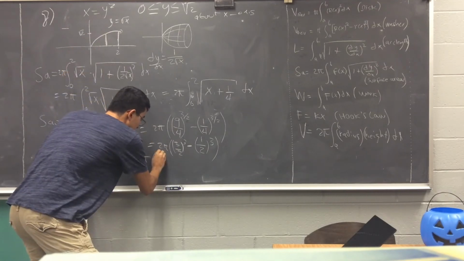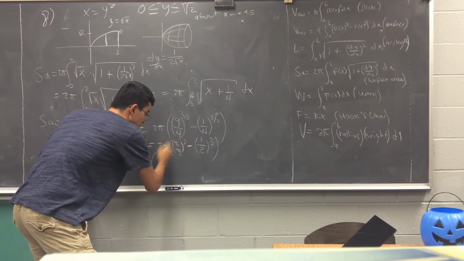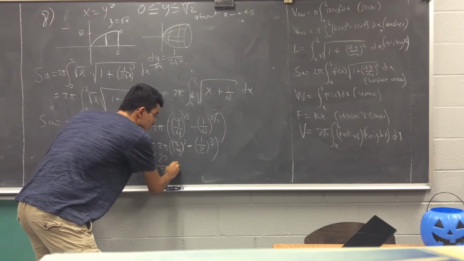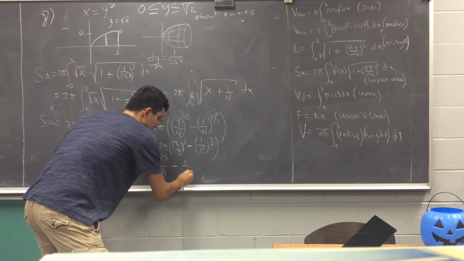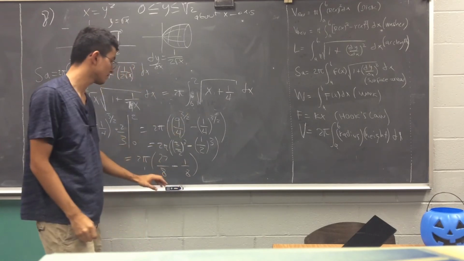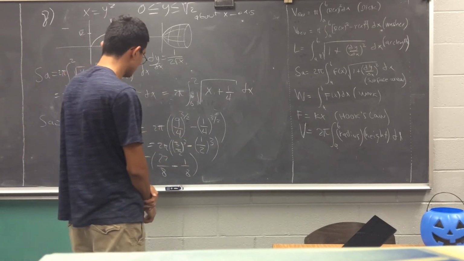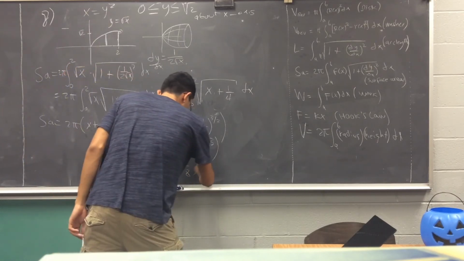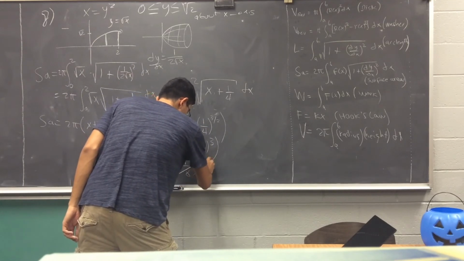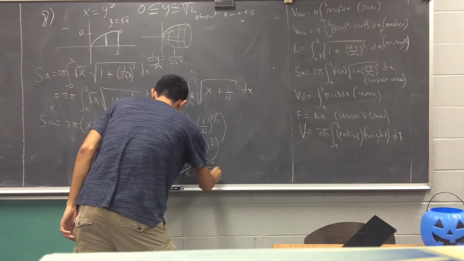So that's going to be 27 over 2 cubed, which is 8, minus 1 over 8. 27 eighths minus an eighth is 26 eighths. So that's going to be 26 eighths multiplied by 2 pi.